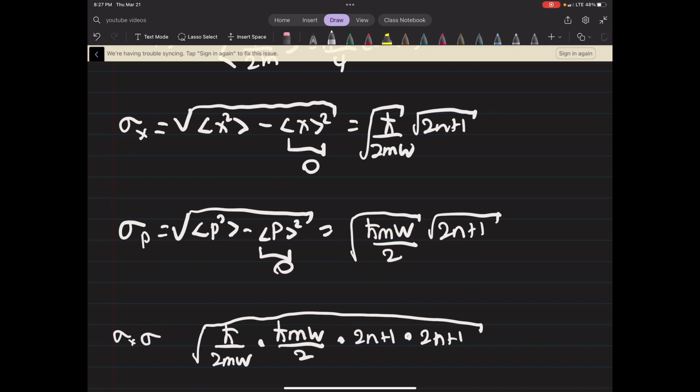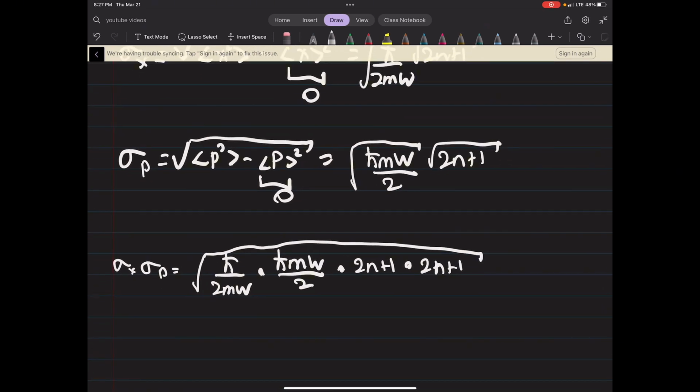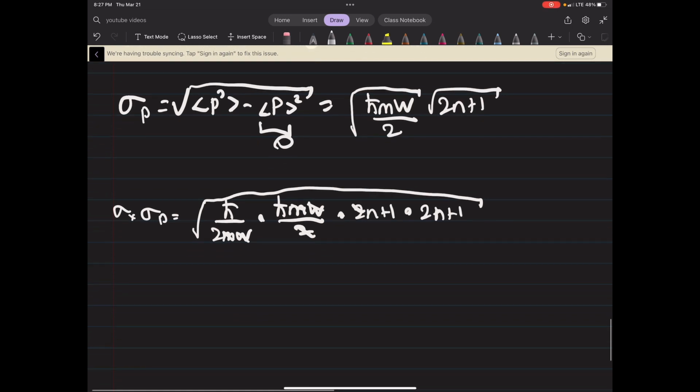Just give myself a little space. Okay, well, the m omega here cancel, so that's great. This cancels with 1 here, and we're left with what? Oh, and this 2 cancels with 1 here.